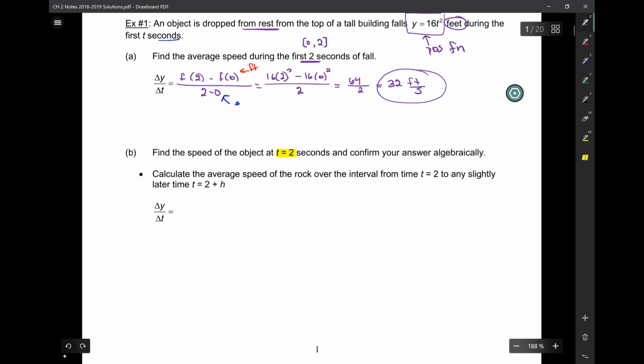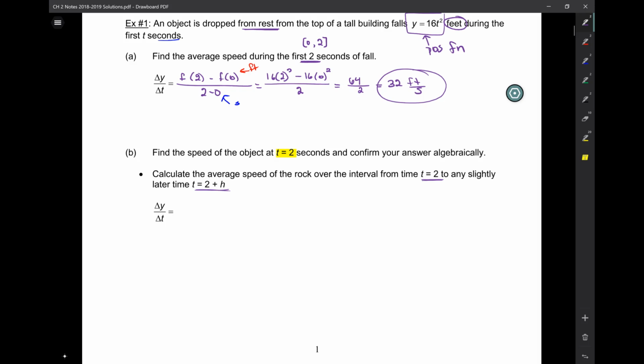What we're going to do is calculate the average speed over the interval from t equals 2 to any time 2 plus h. Okay? So if we want the speed at t equals 2, what I want to do is find the average from 2 seconds to a little bit after that.